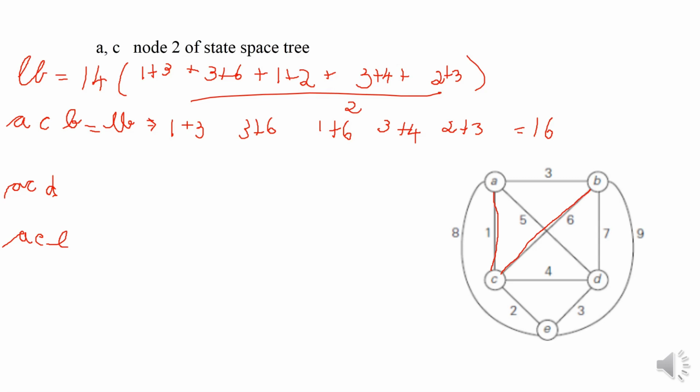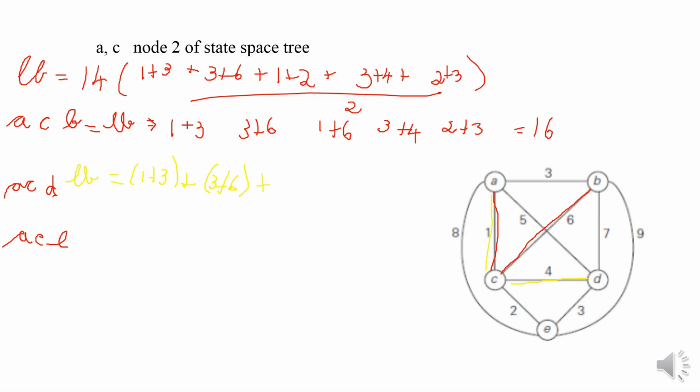Similarly, if you do for ACD, in that case, I'll choose a different color. So I need to go from A to C and then from C to D. So these edges have to be there. When I calculate the lower bound, for vertex A, I need to consider 1 plus 3. Next, for vertex B, I need to consider the minimum 2, that is 3 plus 6.